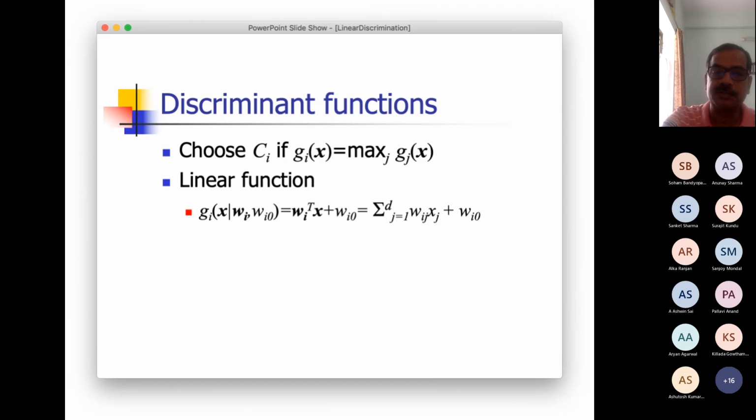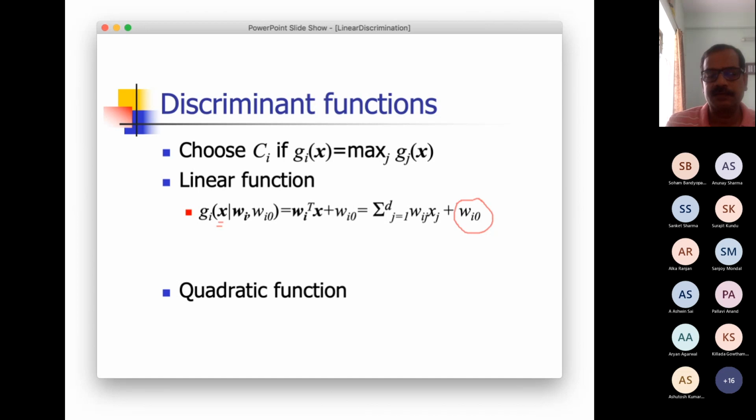Note that this term does not actually make the function linear; we can call it affine, but a bit of modification of the feature vector will make this function a linear function as well. So we will discuss that. But this is a simple form of the function, and every function in the set is in this form. So for every class there is a set of weights.